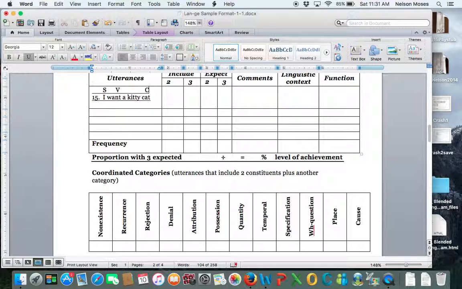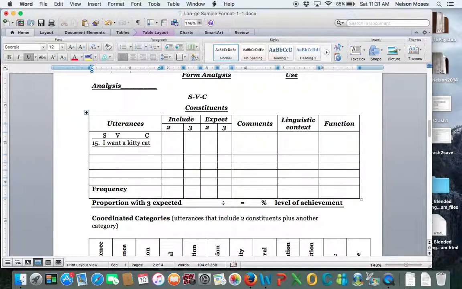Now you remember from my previous comments in this course that SVC is the core, essential Lego block unit of a sentence. I am working to get you, the student, to be appreciative of that SVC as representing a neurologic structure, a unit that gets generated when we make sentences or when a child generates a sentence.